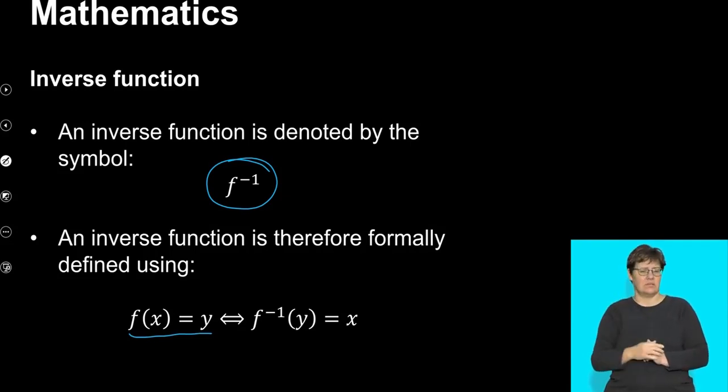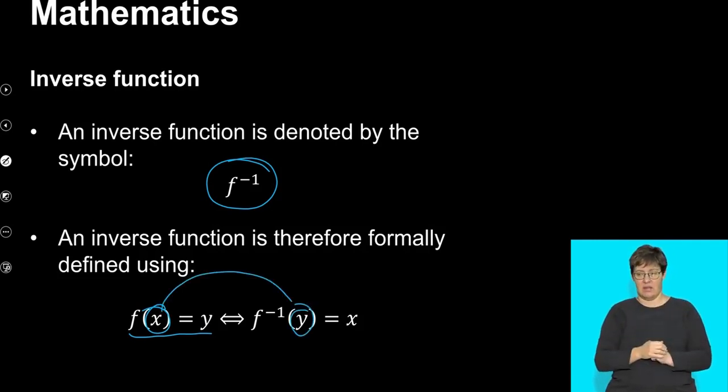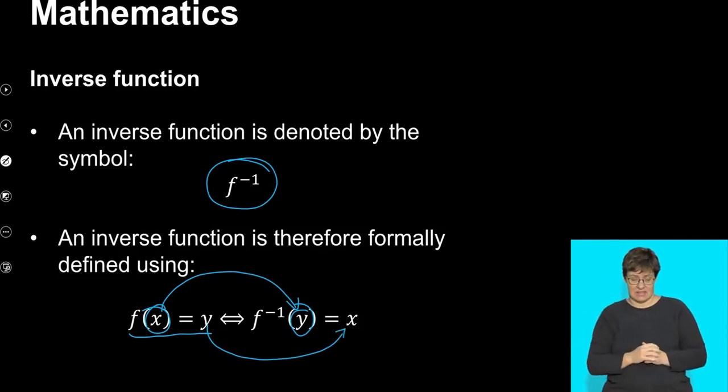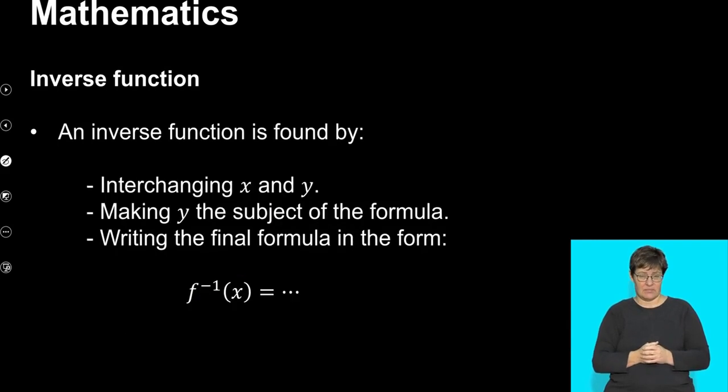And this is how you look at the inverse function. It means that whatever was an x becomes a y, and whatever was a y becomes an x. So in simple terms, to get an inverse function, what you need to do is to interchange the x and y. Some people use the word swap.